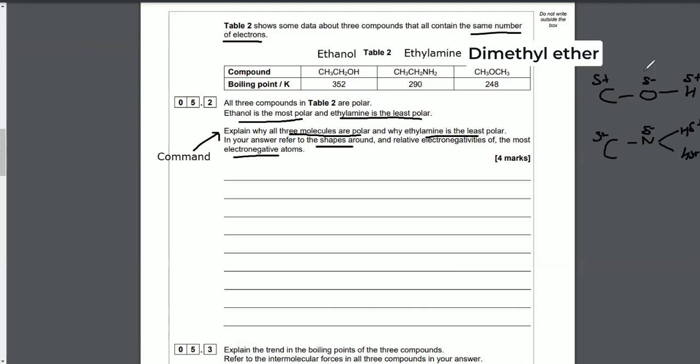So we can see the electron cloud is being drawn from those bonds around that atom. And of course, the dimethyl ether has oxygen with carbon on each side, and that is also electronegative. So the fact is they all have electronegative atoms that are drawing the electrons towards them, and this makes them polar.